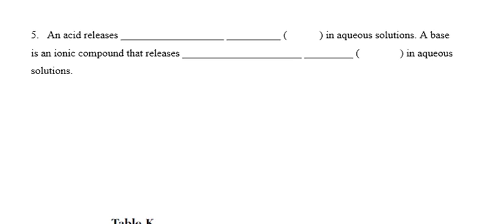Number 5, an acid releases hydrogen ions. You must know this. The hydrogen ions are what allow water to conduct electricity. It is what makes an acid an electrolyte. A base is an ionic compound that releases hydroxide ions.